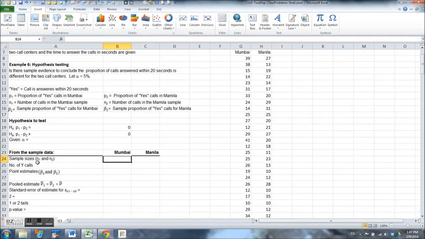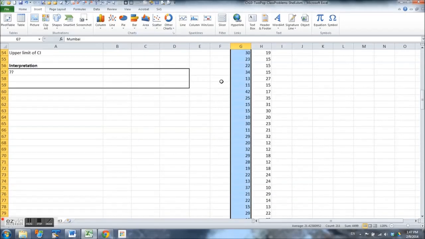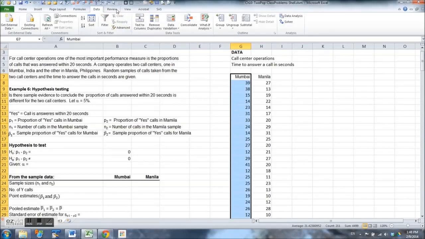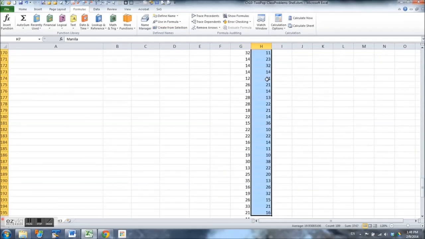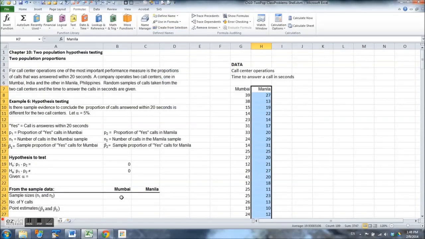Okay, now we have to set up the sample summary data. So let's give a name to these two columns of data. Since the number of calls are different for the two different call centers, we have to do this individually. So that's your Mumbai column, and here is the Manila column.